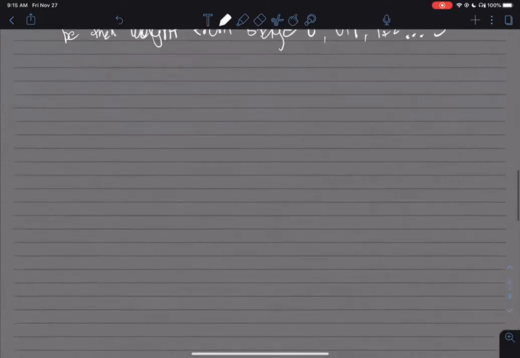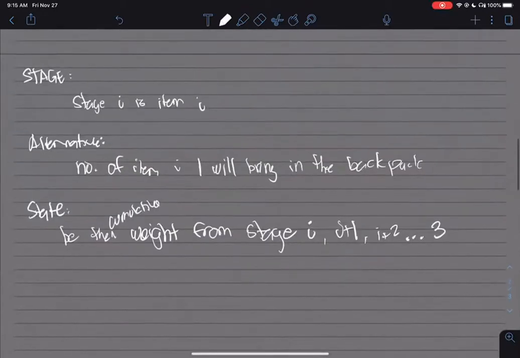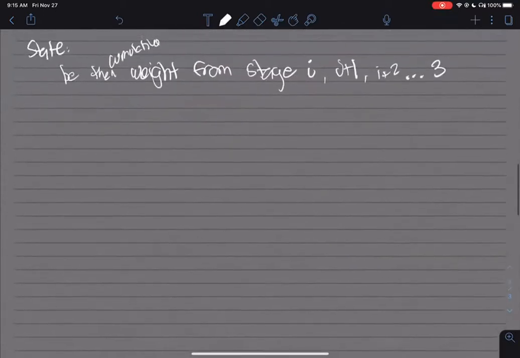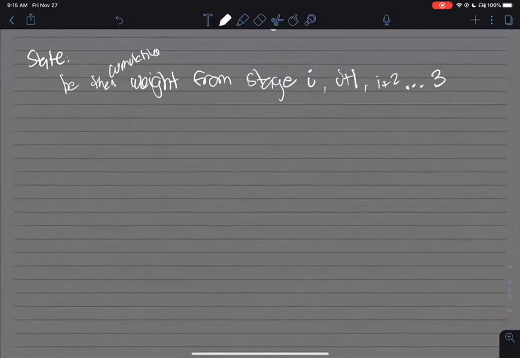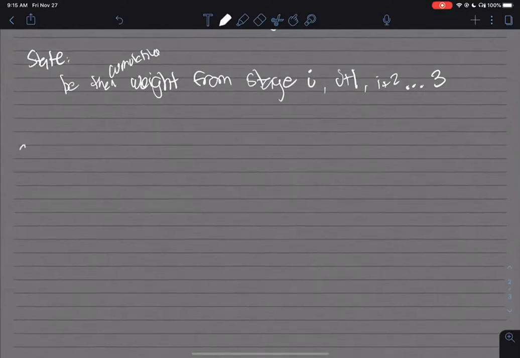Okay. So from there, since we've already defined your stage, states, and alternative, we now create your dynamic programming table. Your dynamic programming table will differ per stage. So we will have stage 3, because we're doing backward recursion.